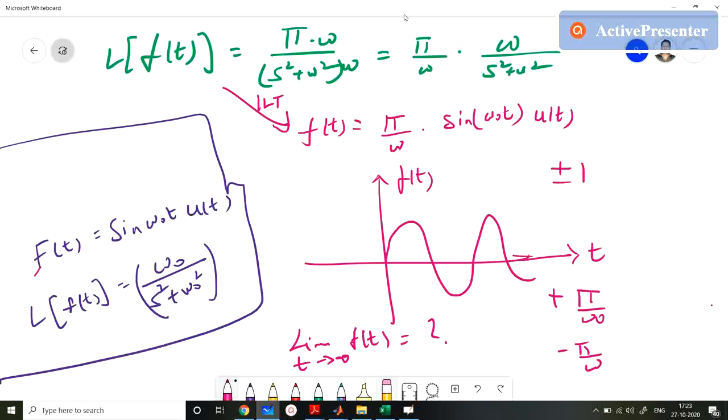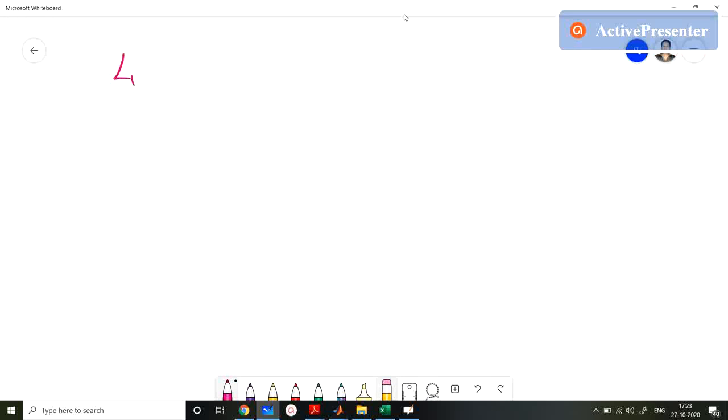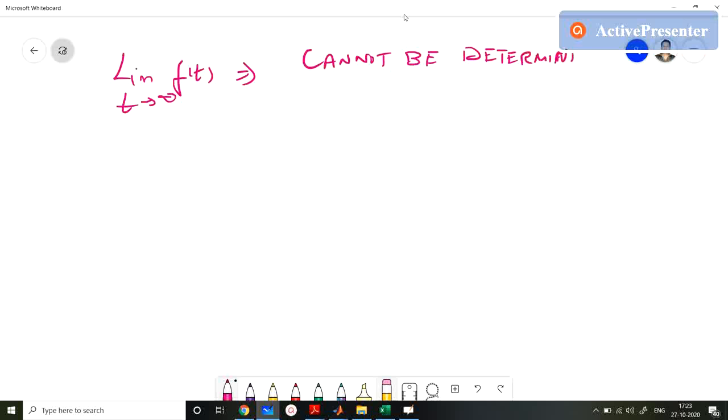So the limit as t tends to infinity of f(t), that is the final value, basically cannot be determined exactly.